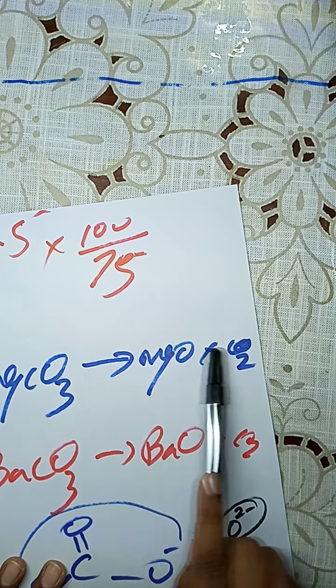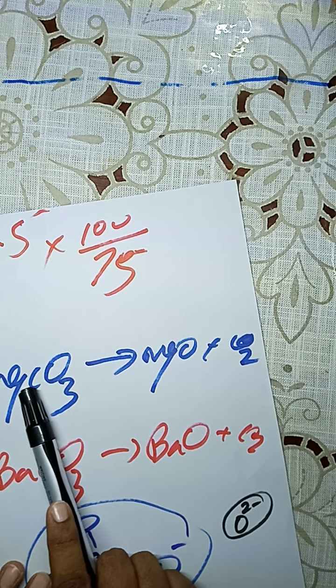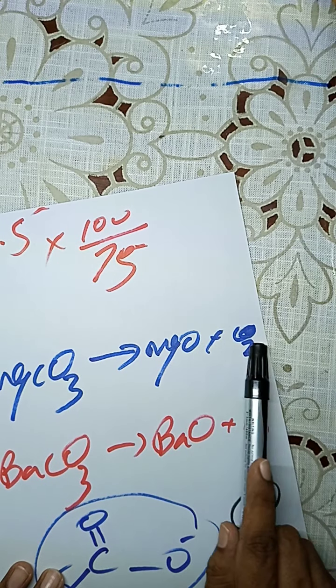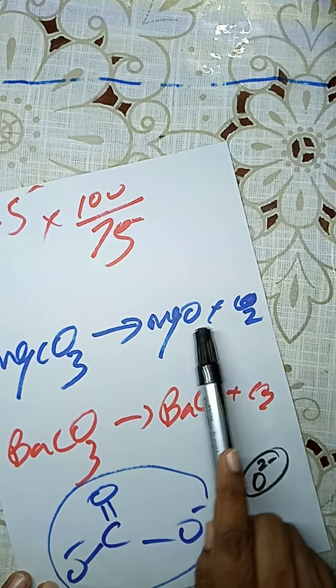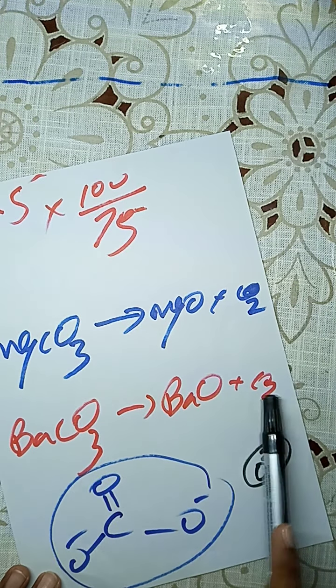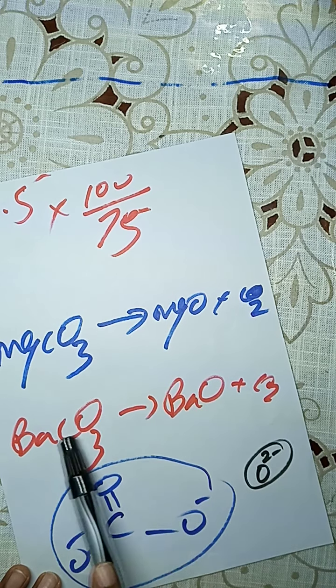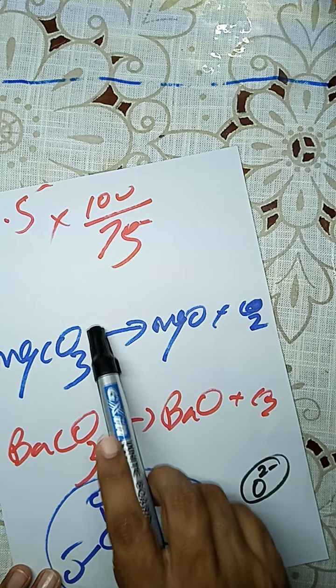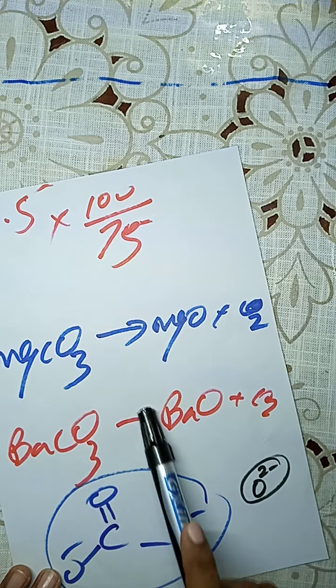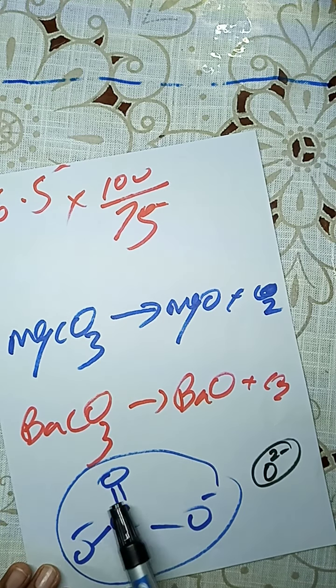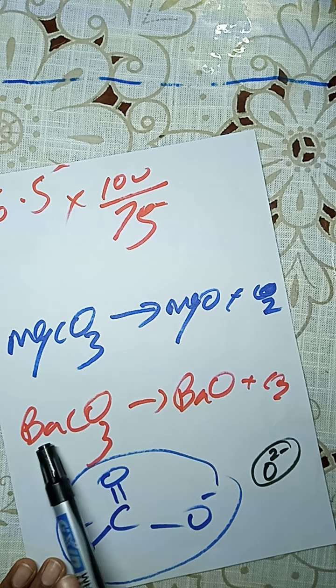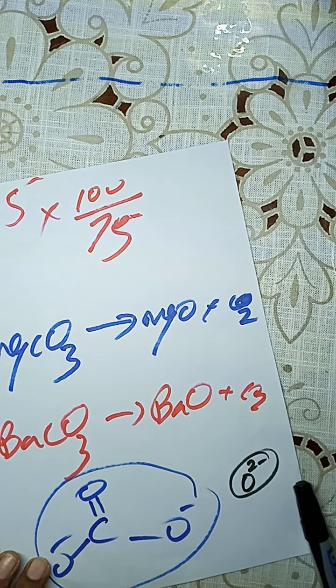Therefore, it is less endothermic. The thermal decomposition of magnesium carbonate is less endothermic, whereas the thermal decomposition of barium carbonate is more endothermic. Therefore, more and more heat energy should be supplied down the group. Then down the group, thermal stability increases.